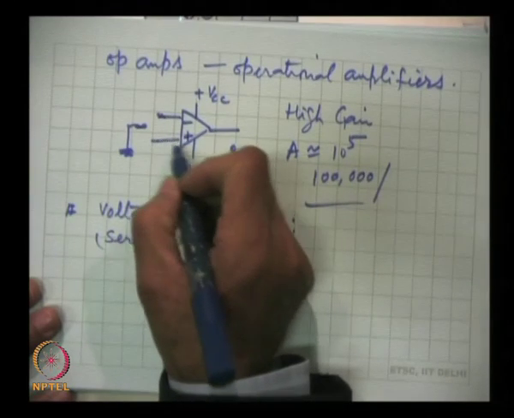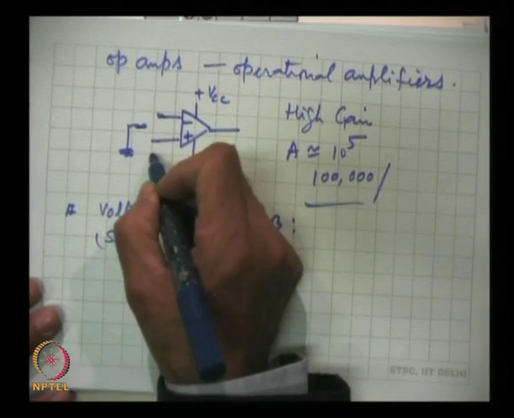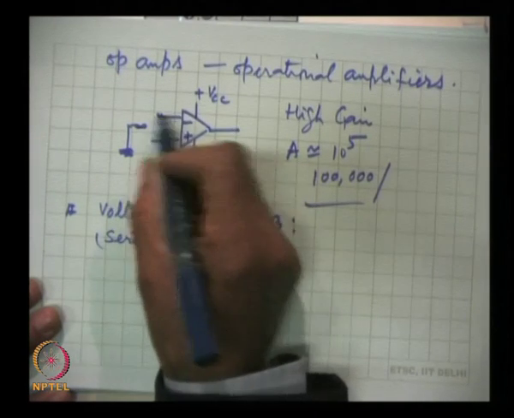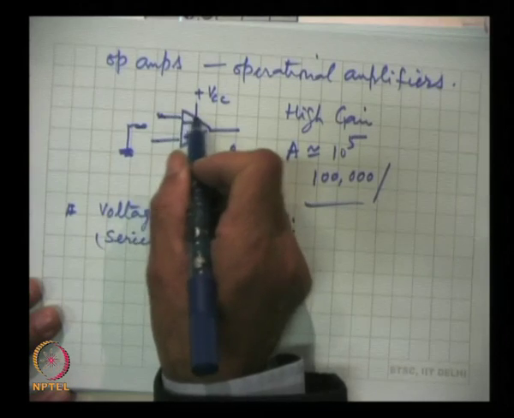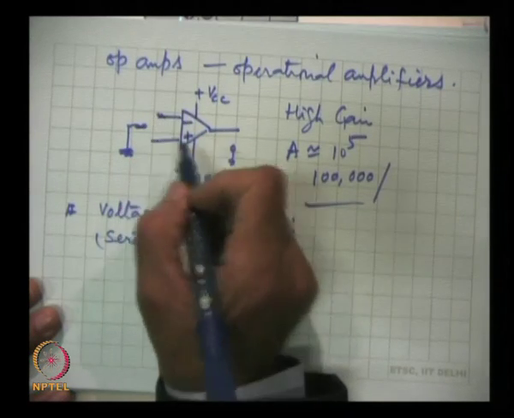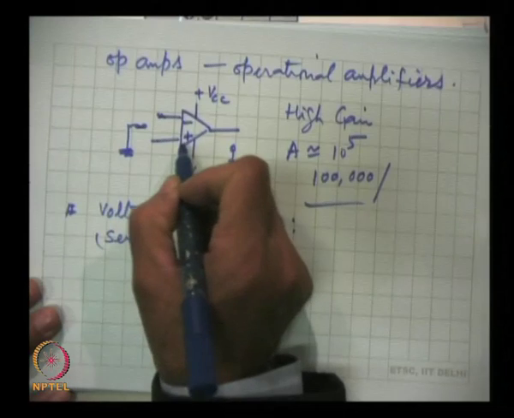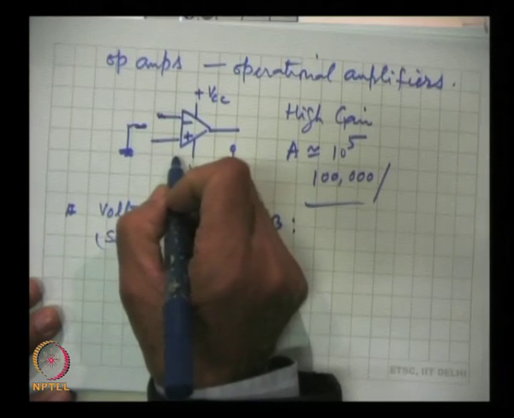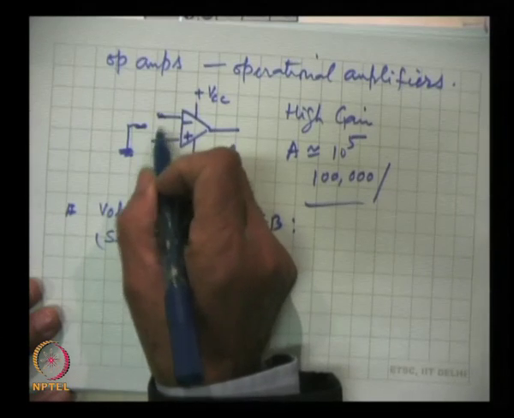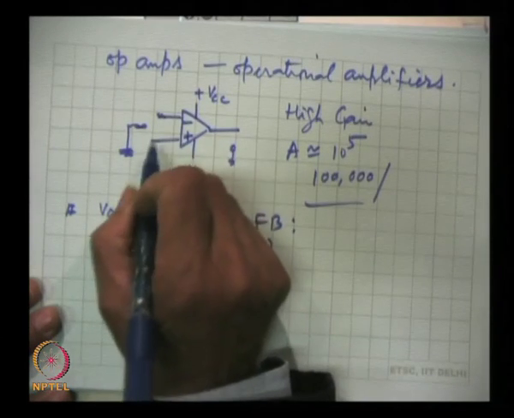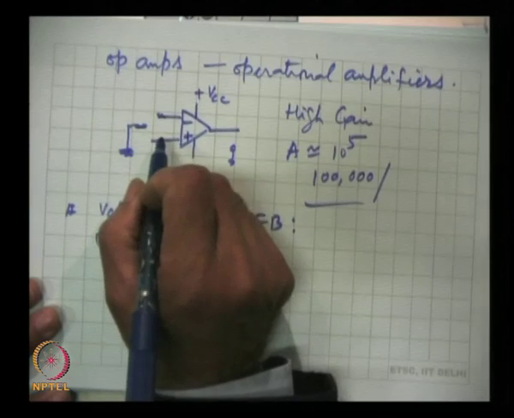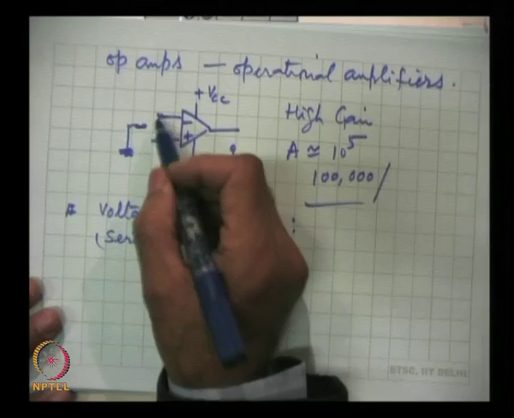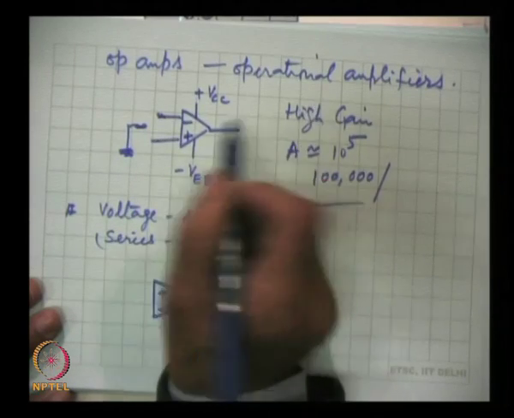So, if we ground the non-inverting terminal, then we are using it as an inverting amplifier, and if we ground the inverting input, then the signal is fed to the non-inverting input, and we are using it as a non-inverting amplifier. And if signals are given to both, and none of the two is grounded, then we are talking about a differential amplifier, and the difference of the two signals will be amplified.